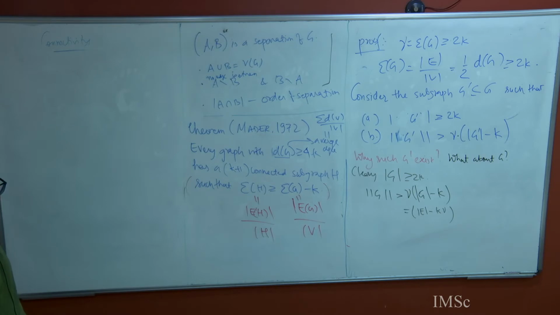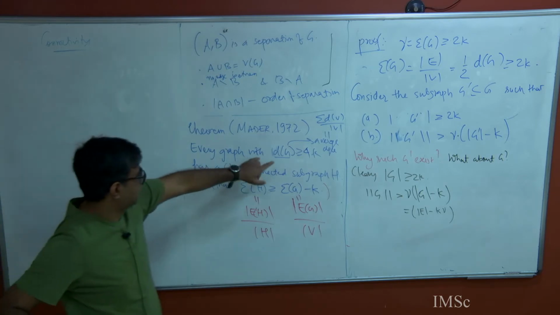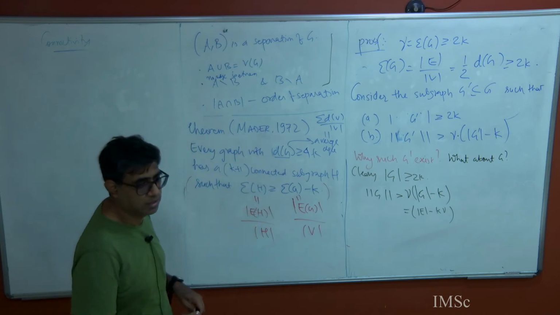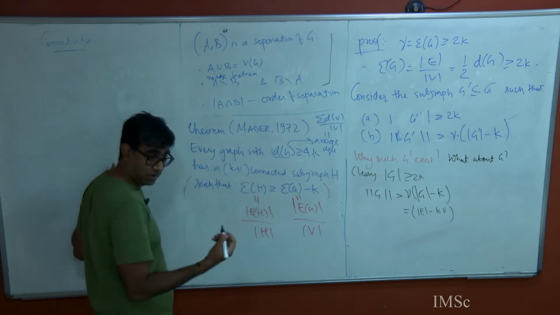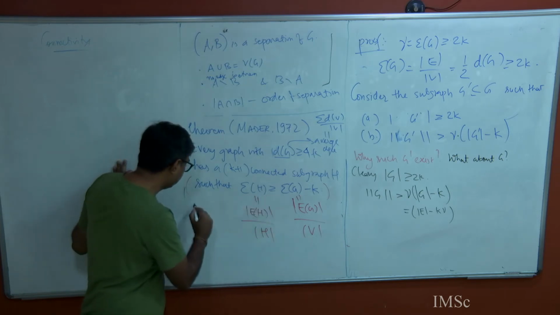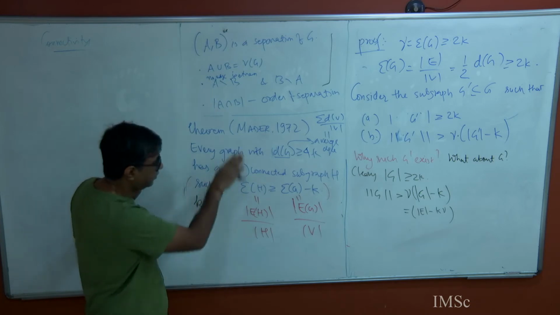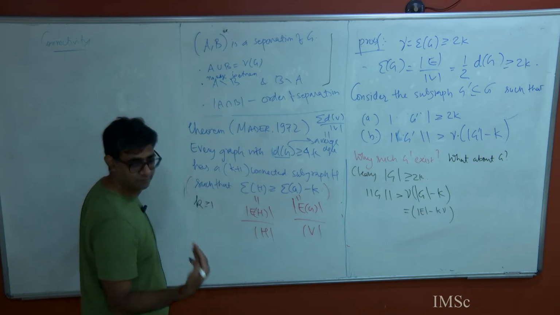Which property? All I require is that one connectivity, right? Then you look at any connected component that satisfies one connected, and because the minimum degree is this much and it is connected, every property is satisfied. So we can assume that k is greater than or equal to 1 in our case, because for k equal to 0, this assertion holds vacuously.